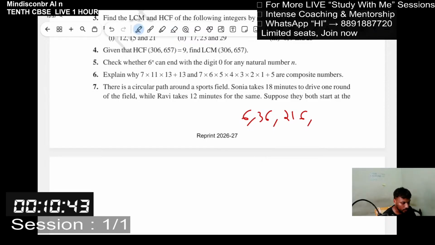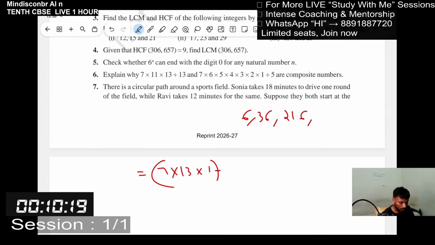Here, 7 into 11 into 13 plus 13 is equal to 7 into 11 into 1, plus 1, times 13. Sorry, here we can do that. 7 into 11 is 77, into 13 plus 13.